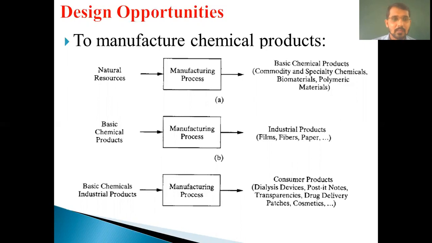So we can see here, to get basic chemical products, the raw material is natural resources, and to get basic chemical industrial products, the raw materials are basic chemical products. So what are those basic chemical products? See here, basic chemical products involve commodity and specialty chemicals, biomaterials, and polymeric materials. This is the raw material for basic chemical industrial products.